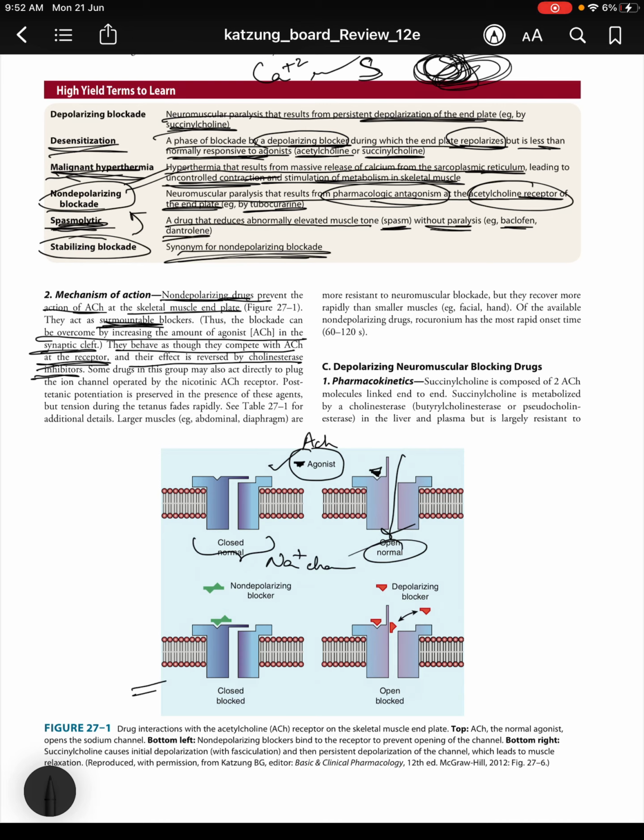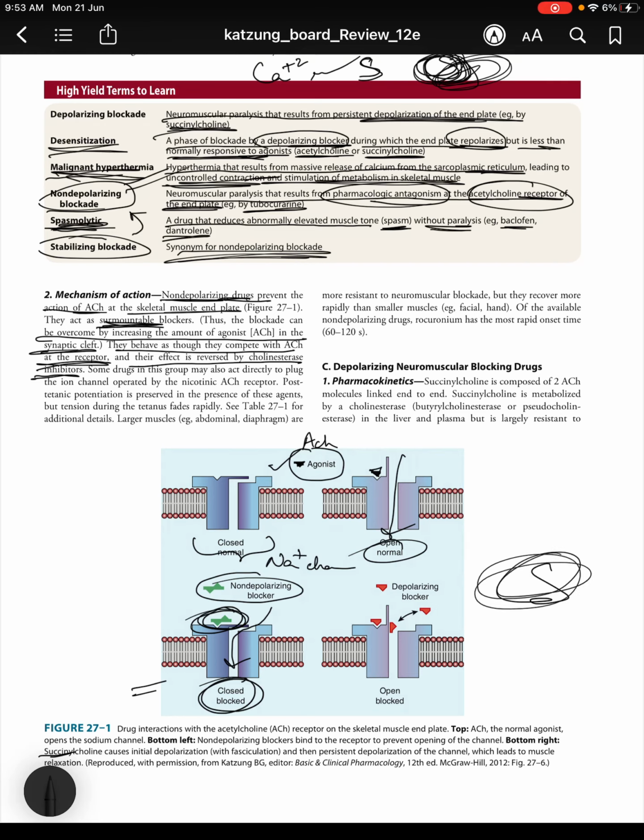That is the normal action. Here, what is shown is a non-depolarizing blocker. When it binds to the receptor, it prevents the opening of the channel. Okay, it competes, and thus it blocks it.